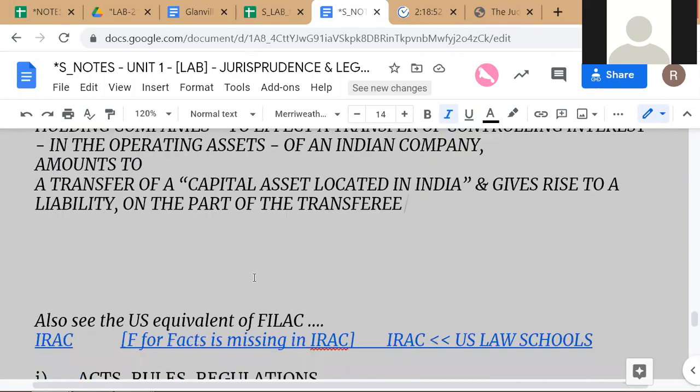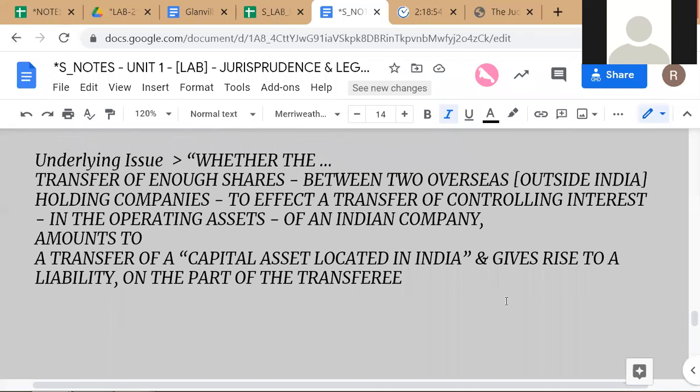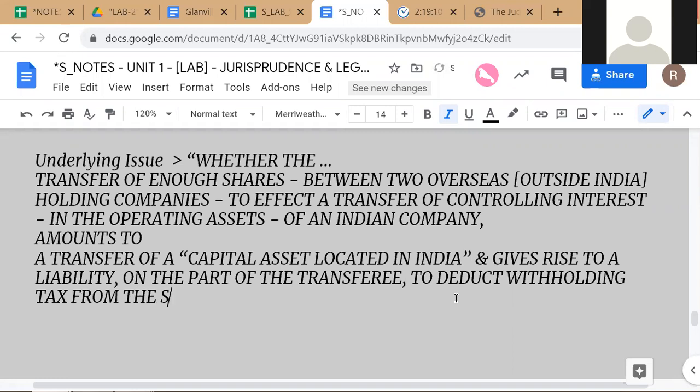So, whether it gives rise to a liability on the part of the transferee to deduct withholding tax from the sale proceeds, from the gross sale proceeds. This is the kind of language that we use.